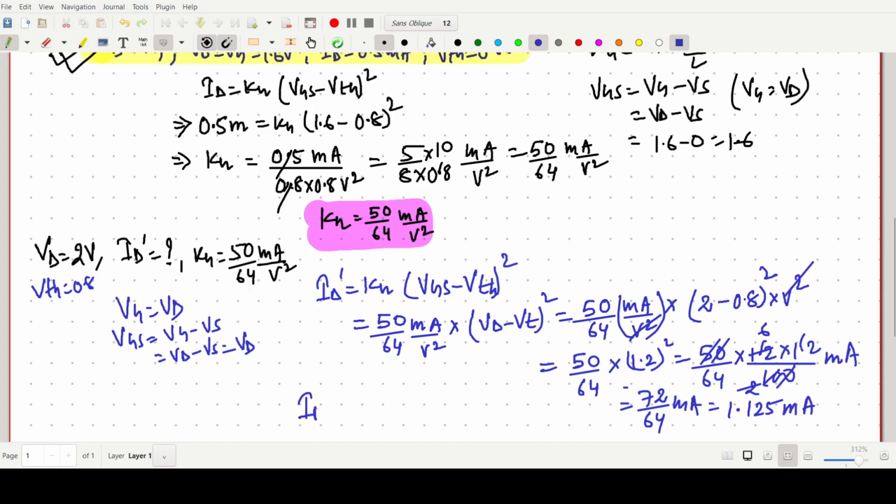So the correct value of ID will be 1.125 milliampere. So this will be the ID value, the new ID.